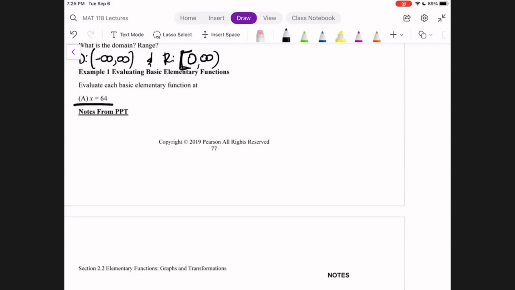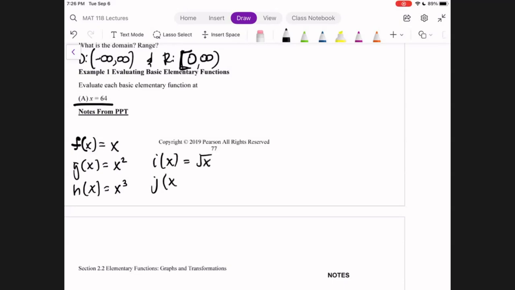Remember we have our 6 functions: we have the identity, quadratic, cubic, square root, cube root, and then the absolute value.